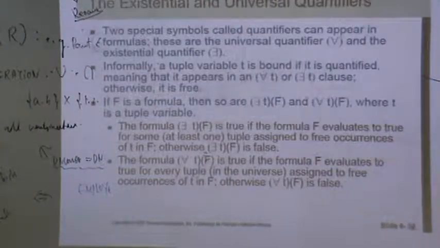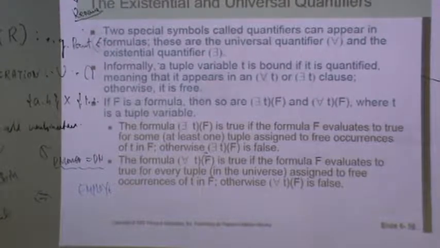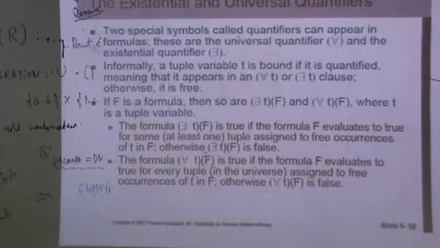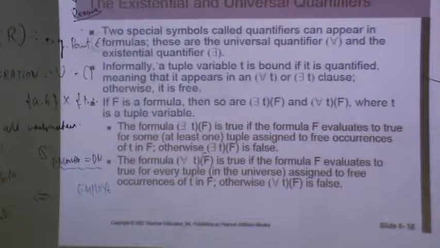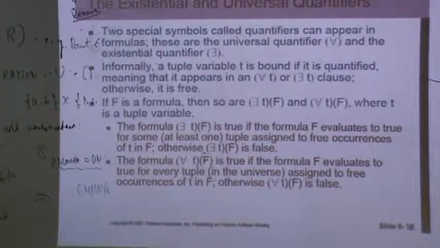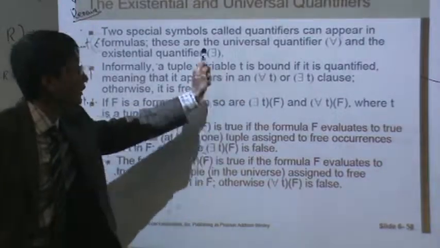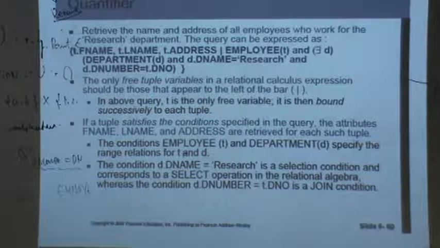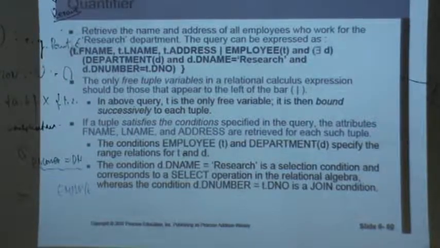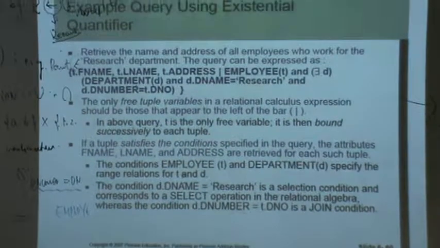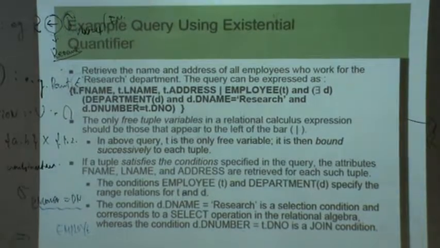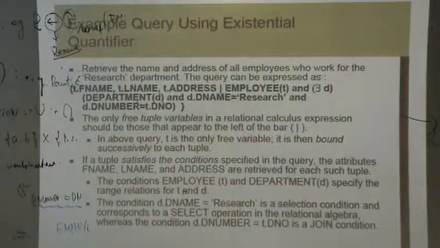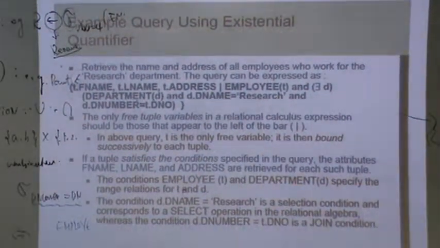Also, we can use any notation that we learned in set theory, for all or exists, like this one and this one, in the relational calculus. But I'm going to skip this part. So in database design and database systems, relational algebra is more important.